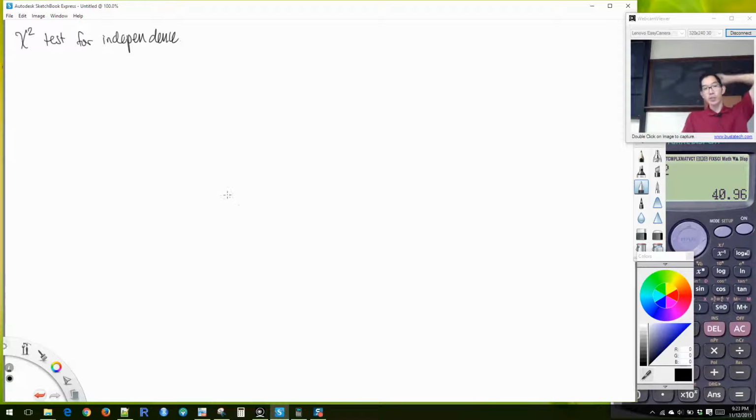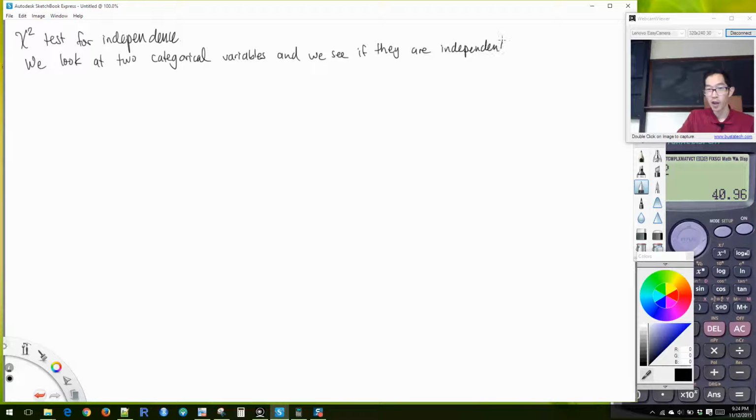All right, so the chi-squared test for independence, we look at two categorical variables, and we see if they are independent.